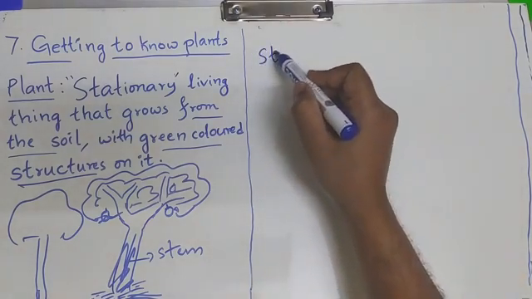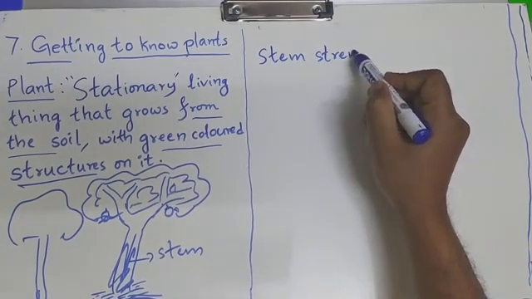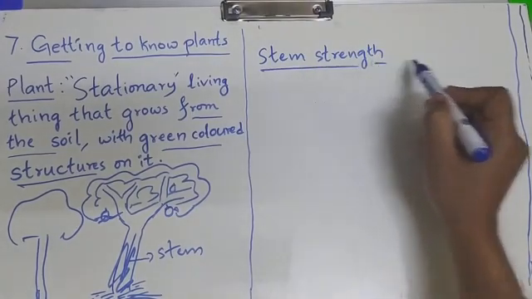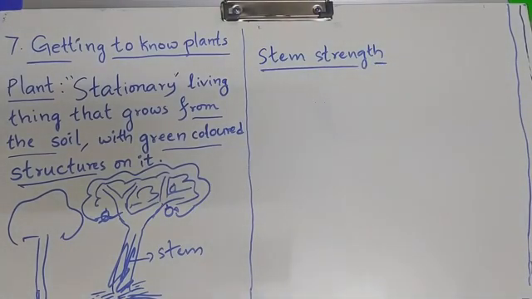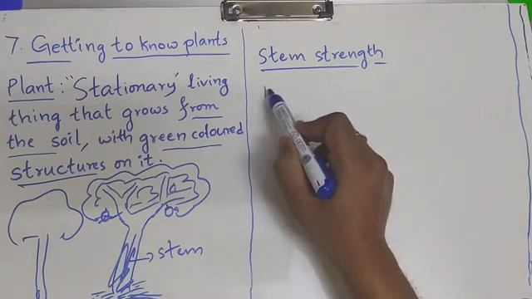Stem strength. If you take stem strength as the parameter, plants are divided into two types.